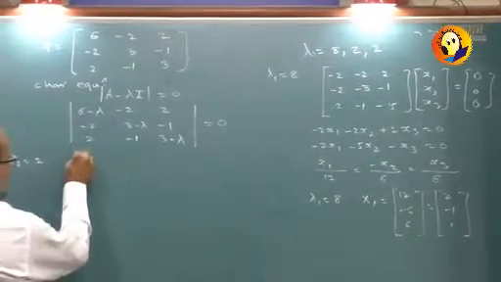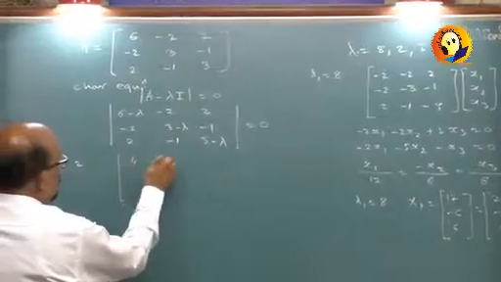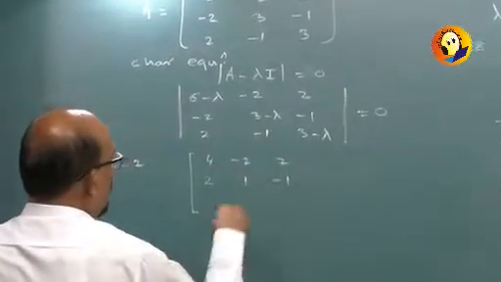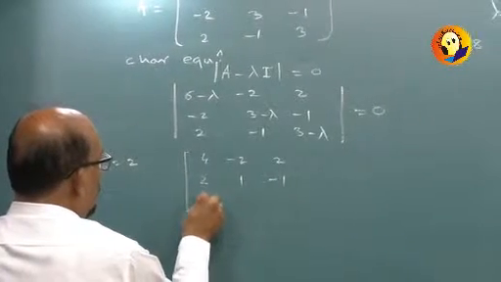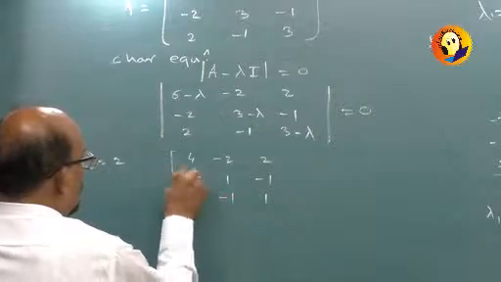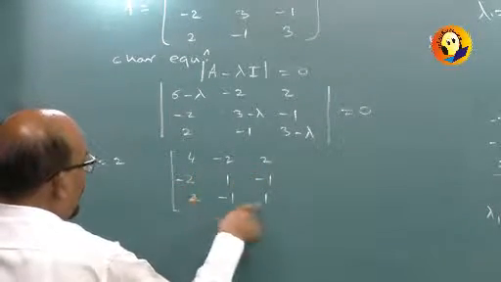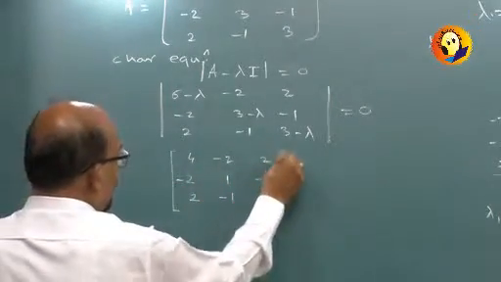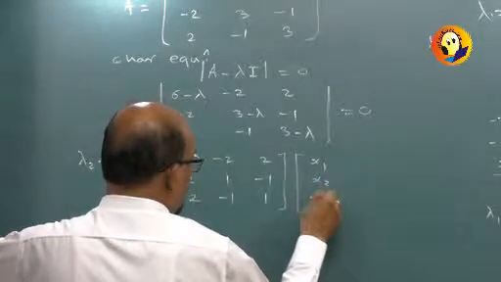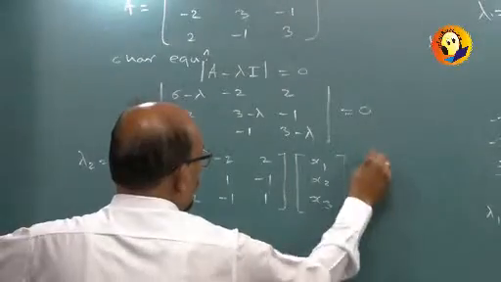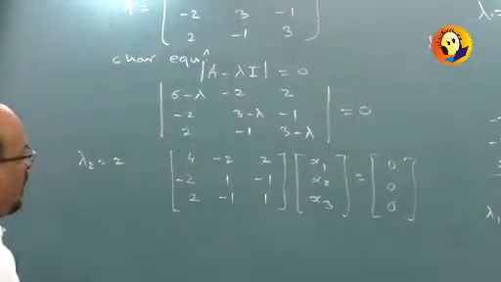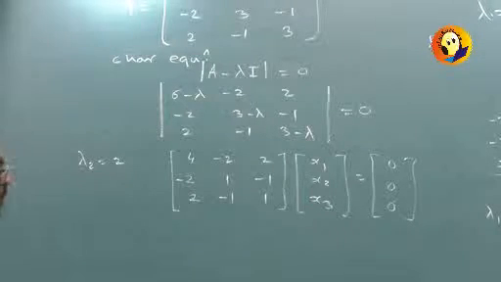We get the equations as 4 minus 2 2, 2 1 minus 1, and it is again 2 minus 1 1, this is minus 2, times x1 x2 x3 equal to 0 0 0, and we find that the equations are just the same.